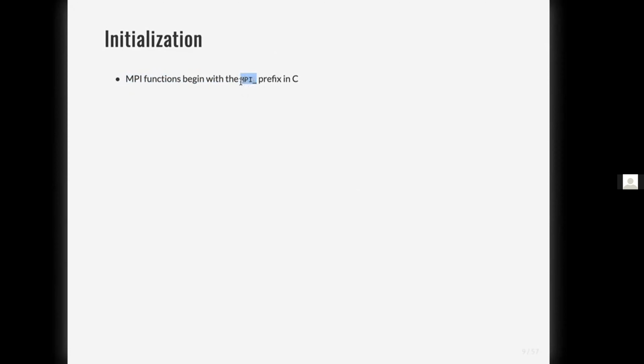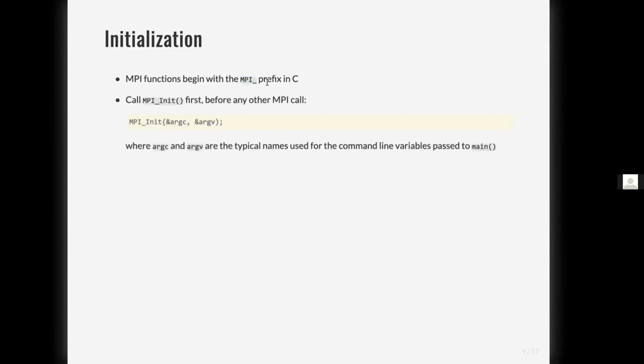We'll be looking at C, and so basically the function names are prepended with this MPI underscore. And the first function you should ever call before calling any other MPI function is MPI init, and to MPI init, you always pass the command line arguments here. We'll see a specific example if you're not sure what this means.